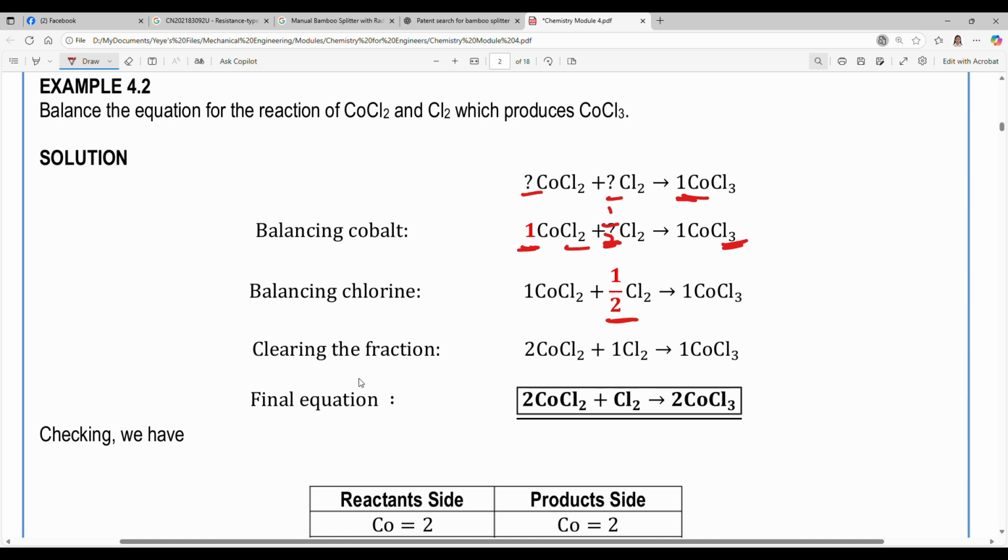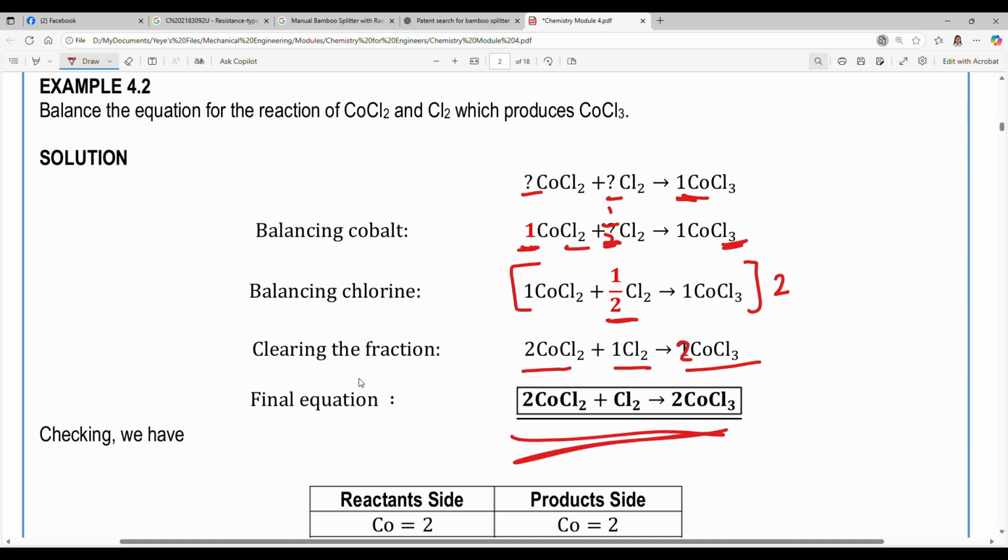Then as much as possible we do not place a coefficient in fraction form, no? So we will simply multiply it by 2, no? So this will become 2 moles of cobalt 2 chloride plus 1 mole of chlorine will yield 2 moles of cobalt 3 chloride.